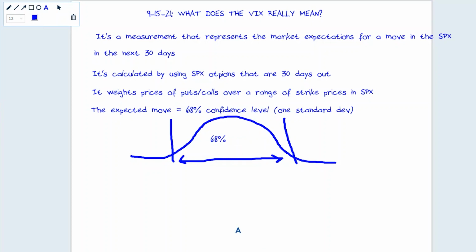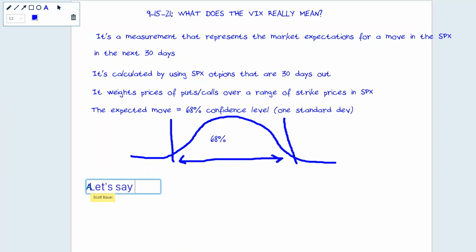That's statistically, mathematically, one standard deviation. That's what the option pricing model that everybody uses, the Black-Scholes pricing model, prices in: options with a 68% probability in the move.